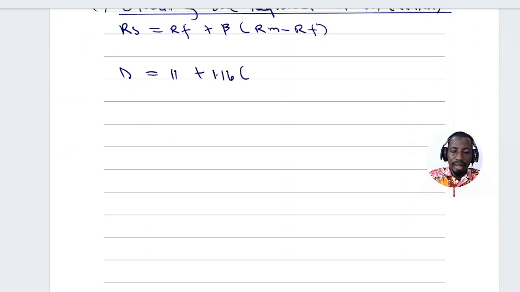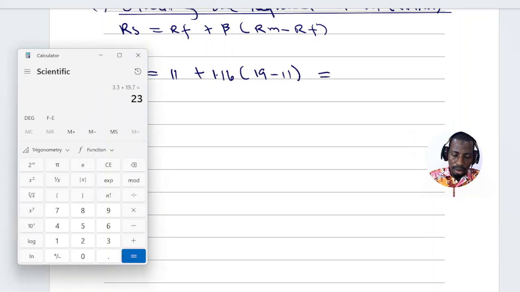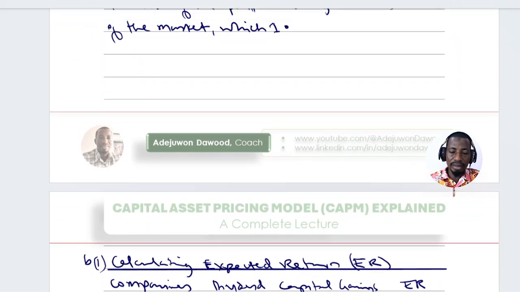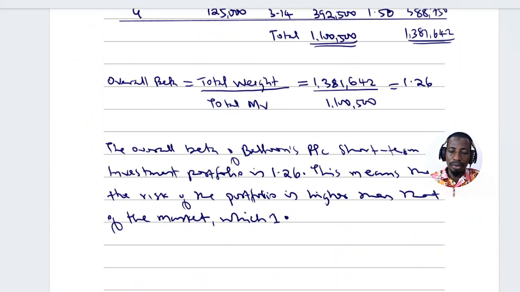Market return is 19 minus 11. So I would then say 8 multiplied by 1.16 plus 11 equal to 20.28%. Then for Elegant, 11 plus the beta of Elegant is 1.28.